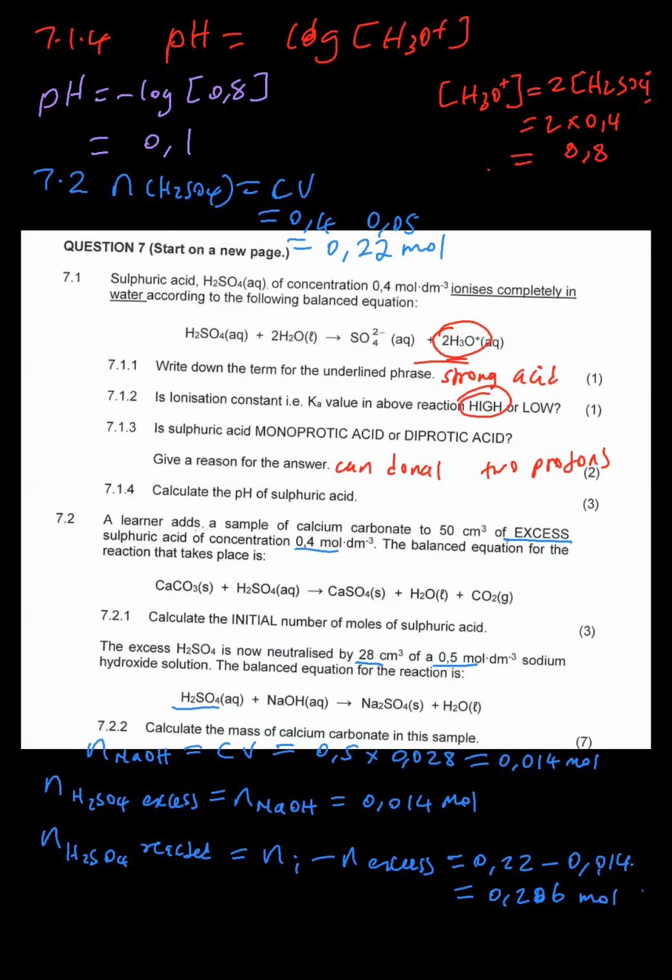Then from that number of moles that reacted, we can calculate the number of moles of calcium carbonate that reacted. Number of moles of CaCO3 is 0.206 mole. After that, you can calculate the mass: number of moles times molar mass.